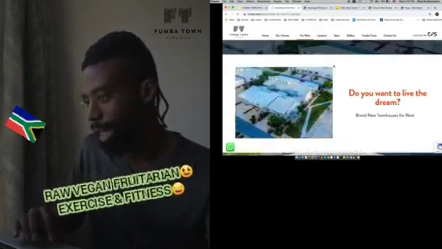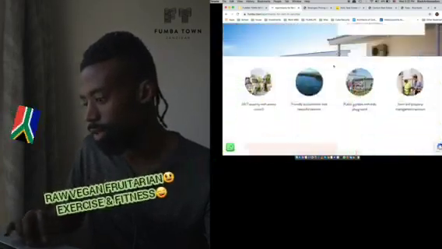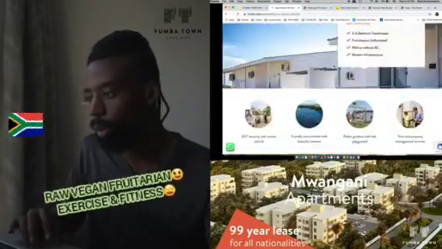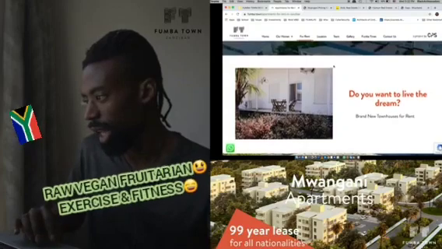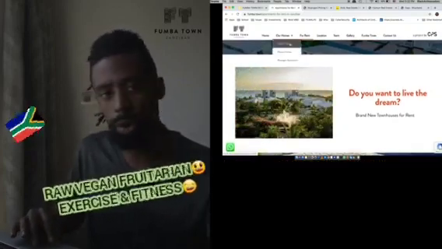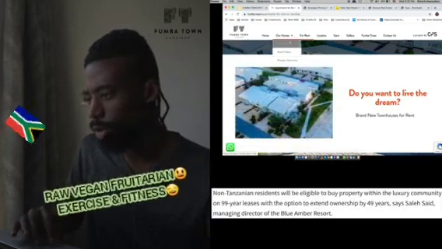So they're creating a city in Zanzibar. And this is the first time that investors are allowed to invest in property and own properties via sublease. A lot of places in Africa, you are subleasing the land or the house, and you don't get a freehold title, what we're used to in America.